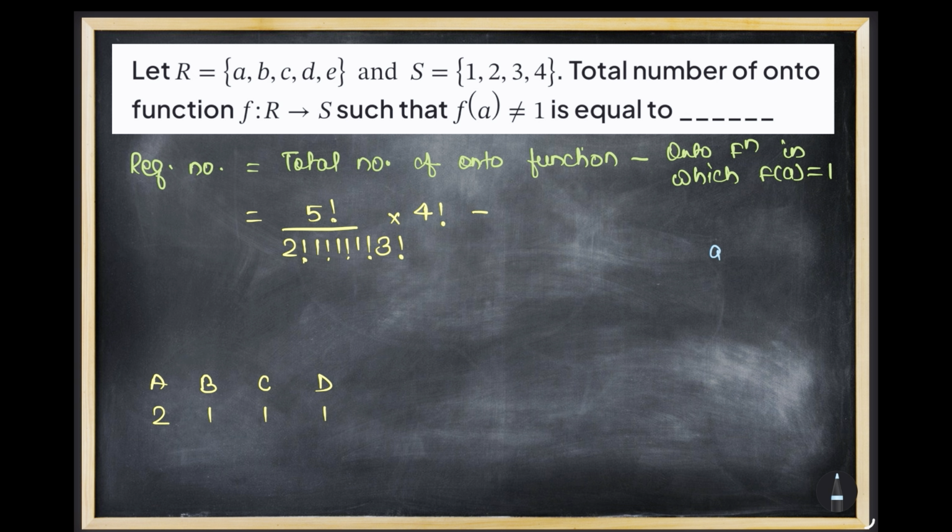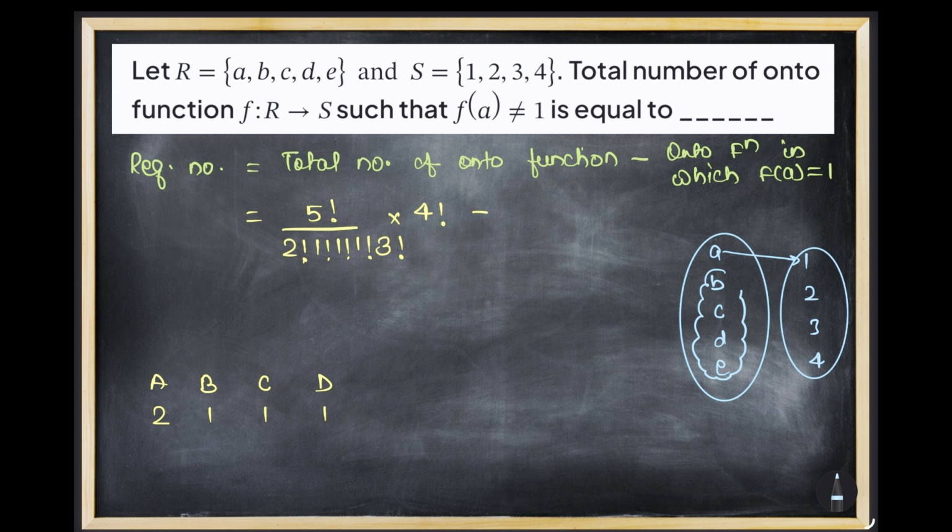So suppose that A, B, C, D and E. So you have this case 1, 2, 3, 4. So A is connected with 1. Now you have 4 elements over here. These 4 elements can be connected over here with any of these elements, and everyone should be connected. Then only it should be an onto function. Correct? People can connect itself with 1 also.